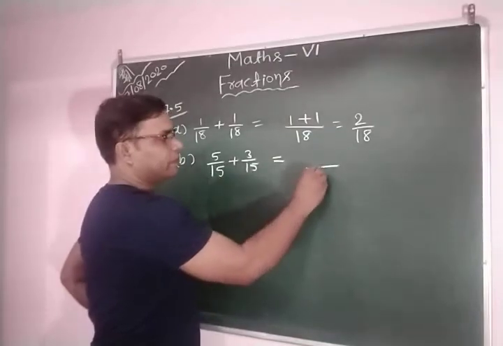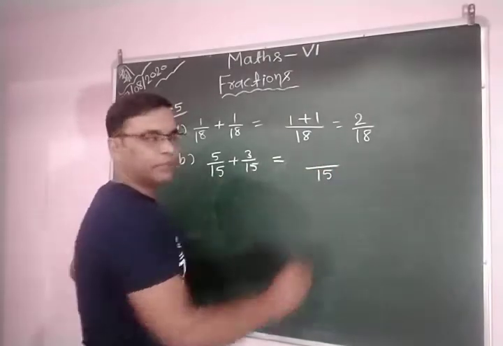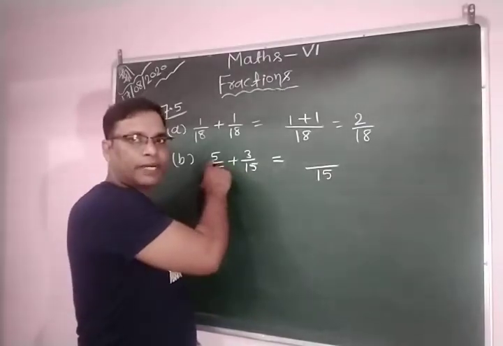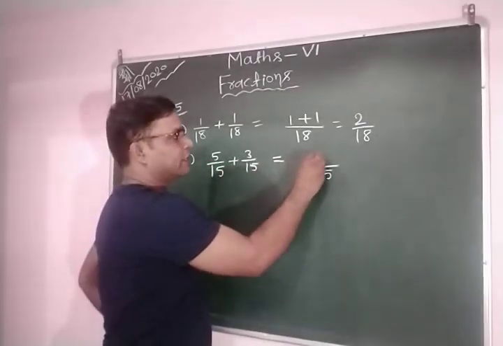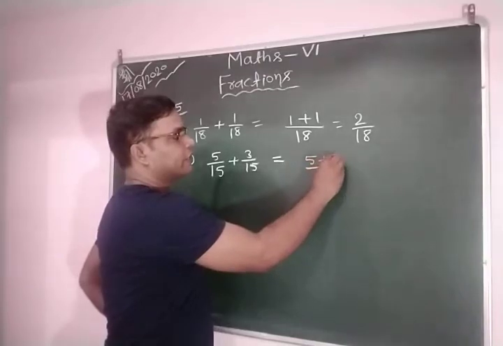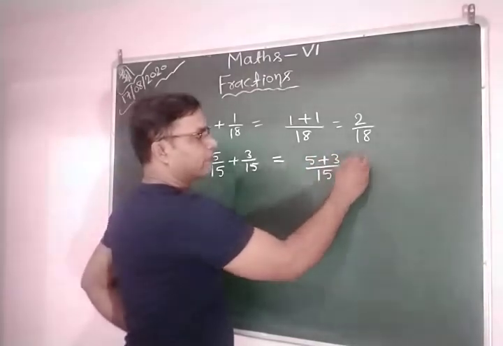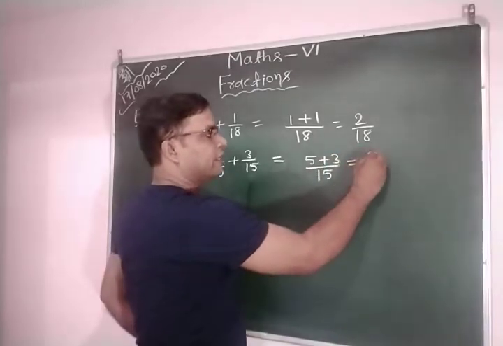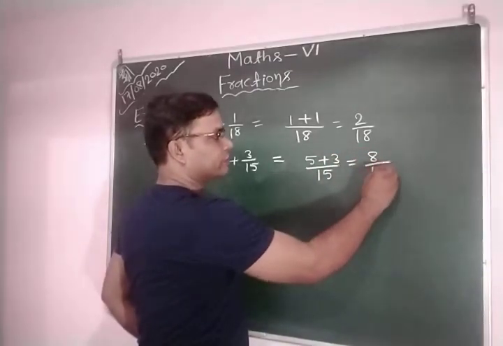Here both denominators are 15, so we can write 15. After this, the numerator is 5 plus 3, which is equal to 8. So 8 by 15.